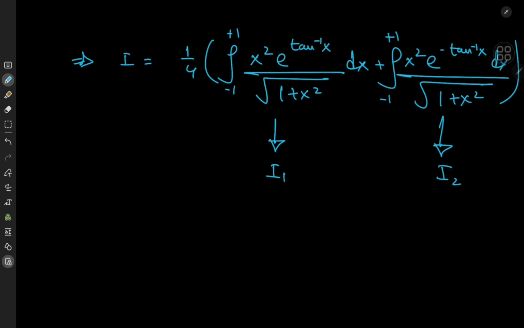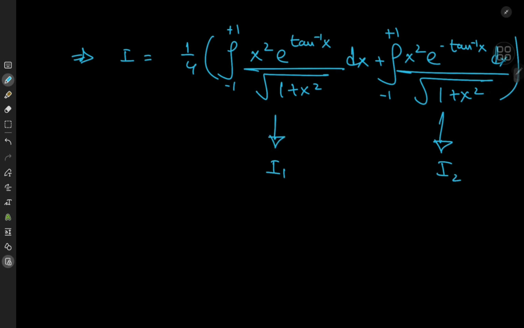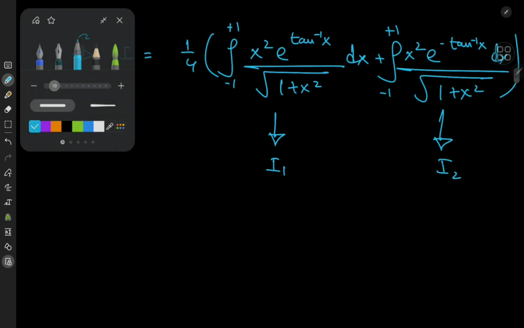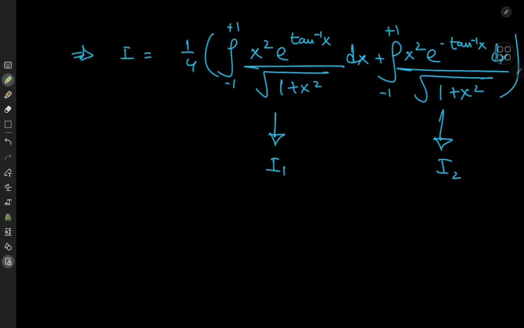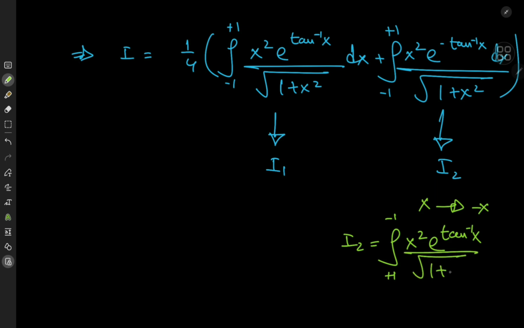And again, we can make use of some symmetry to relate the two integrals. If I take I sub 2 and I perform the transformation x to negative x, then that gives me I sub 2 equal to the integral from positive to negative 1 now of x squared times e to the, inverse tangent function is an odd function, so I'm going to have negative inverse tangent, which is just inverse tangent of x, divided by, again, the square root of 1 plus x squared.